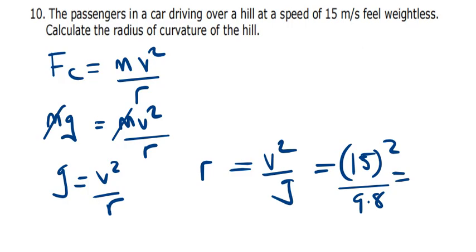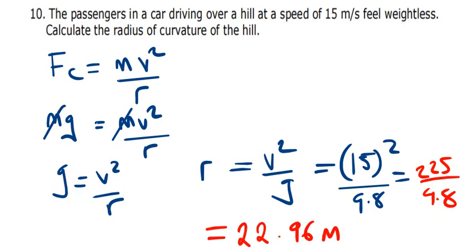So 15 squared is 225 over 9.8. I'm dividing 225 by 9.8 on my calculator, and I'm getting 22.96 meters.